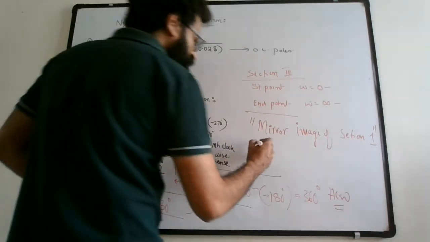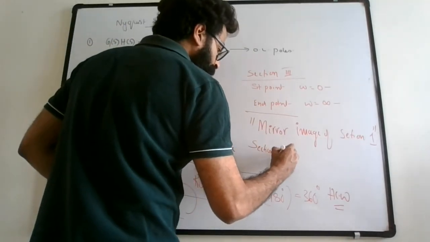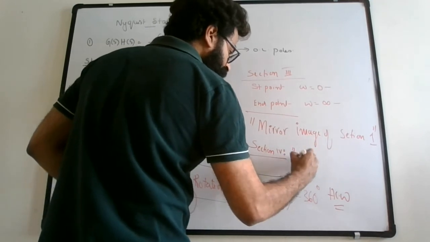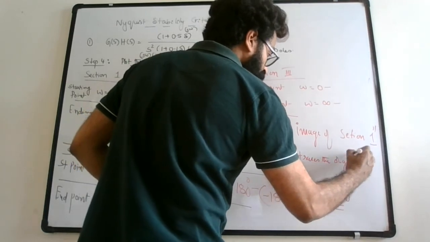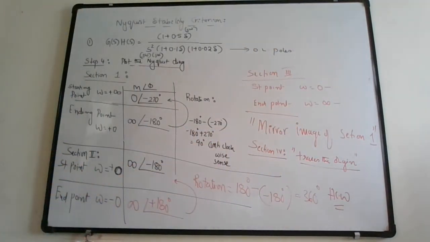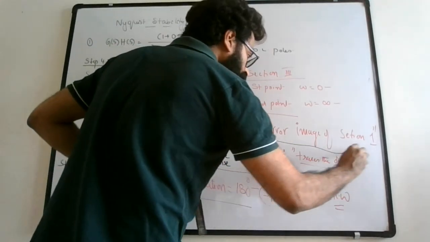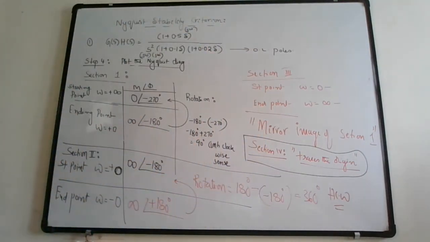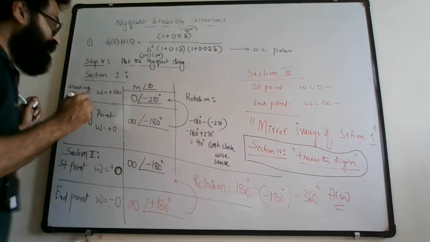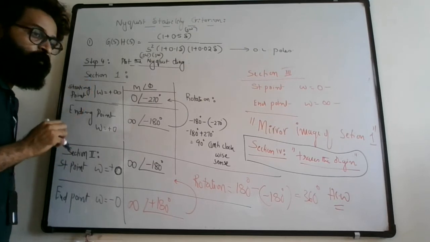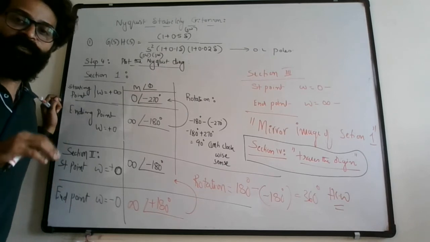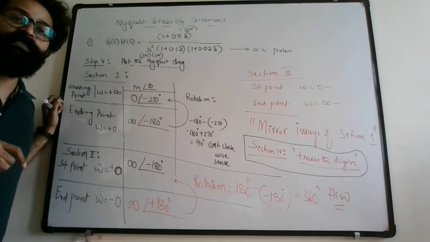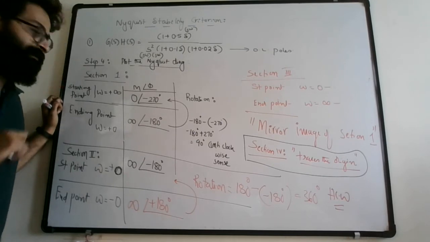And finally, we have section 4. Trust me, section 4 traces the origin. Section 4 always traces the origin, hence you don't have to do it. That's because, if you look at the previous diagram, you would notice that in section 4, the variation of frequency is carried from minus infinity to plus infinity.